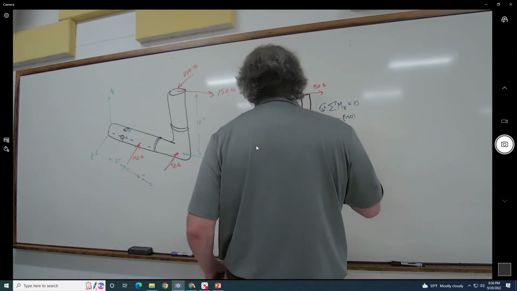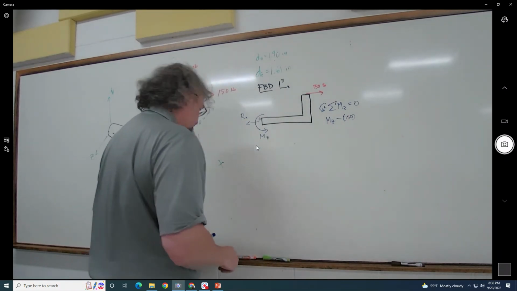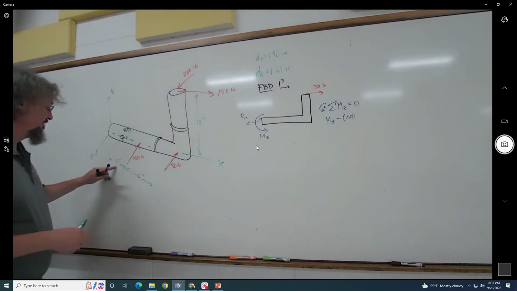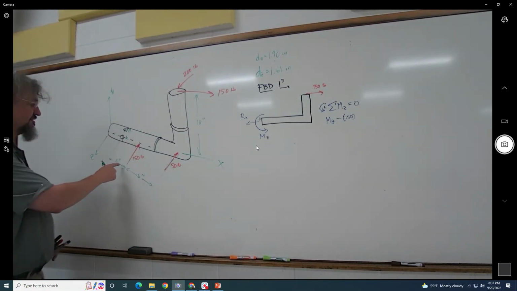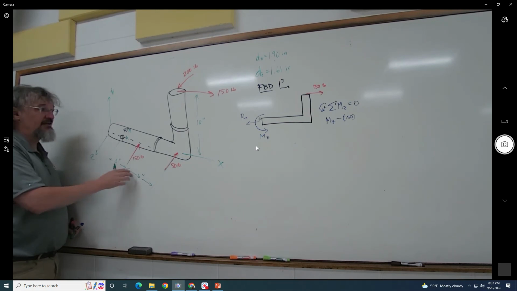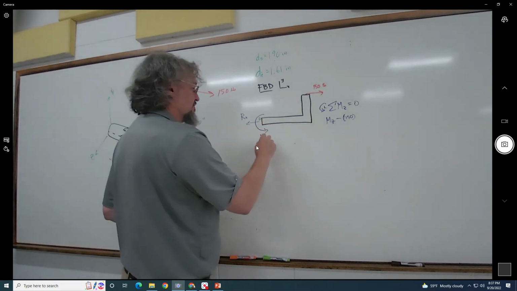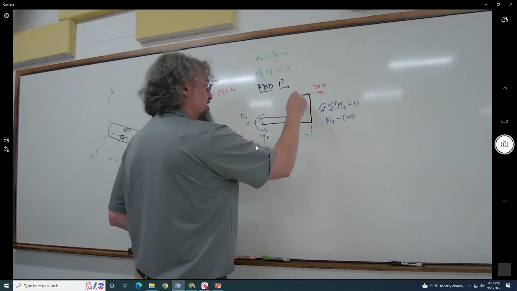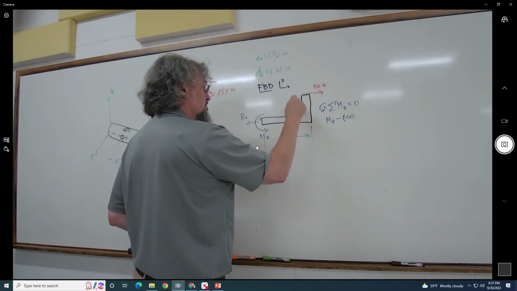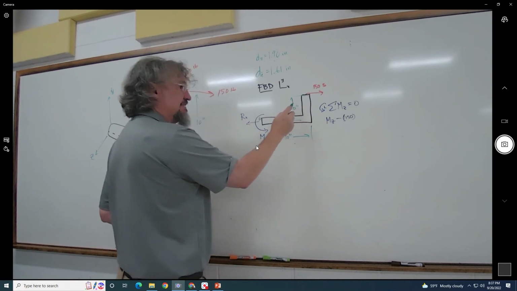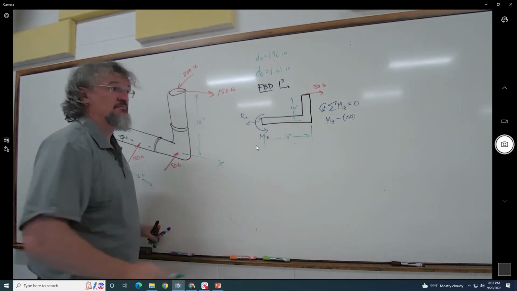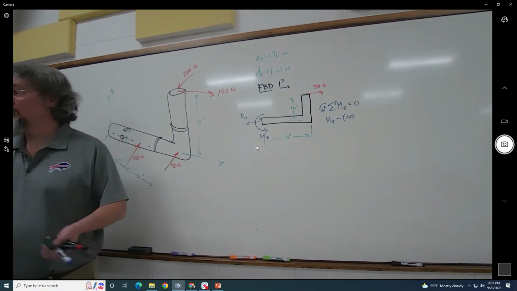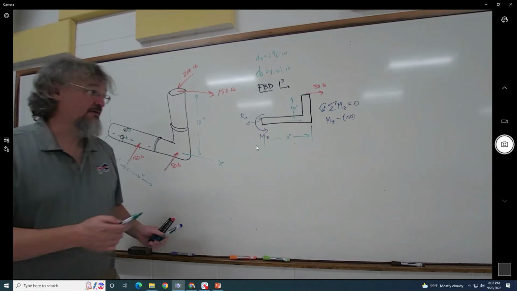Whoops, I didn't do my dimensions on this, so let me see. Right there. It's actually interesting because it's 10 in that direction, 10 in that direction. But this is the 10 that matters, right there, right? I'd put it different because I'm going to test to see if you knew which moment arm you were going to get for this one.